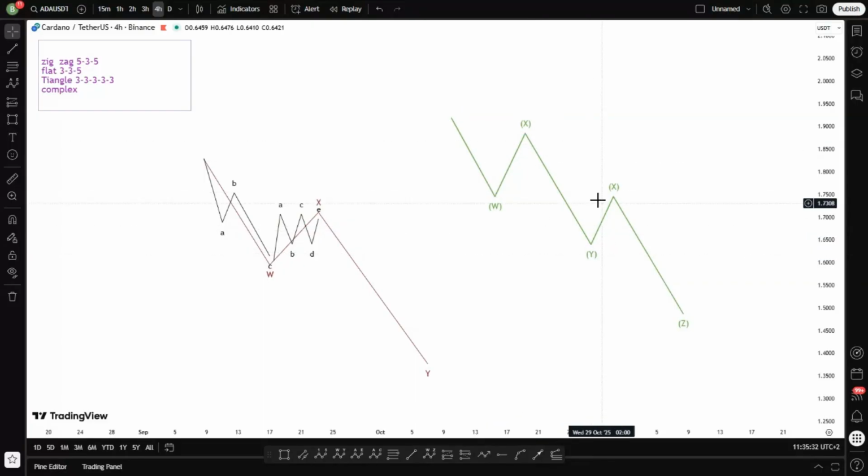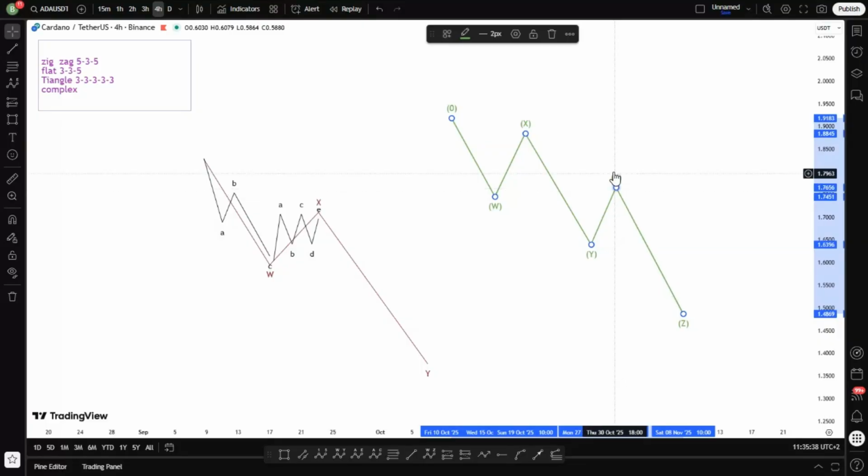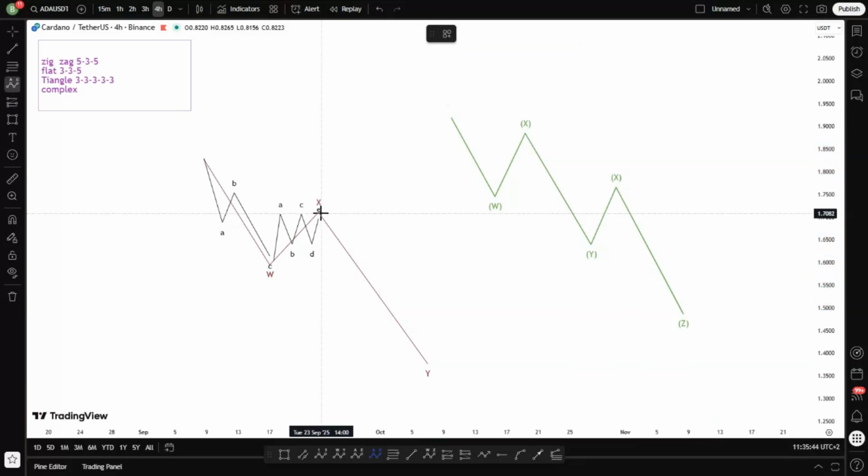But yes, we can find a triangle here because it is indeed the final move which was preceded by the wave X. So in this situation, again, we have another pattern of A, B, C. But remember, if this one is a flat, then this one has to be a zigzag. Again, the very same thing which occurs again and again within the interior parts.